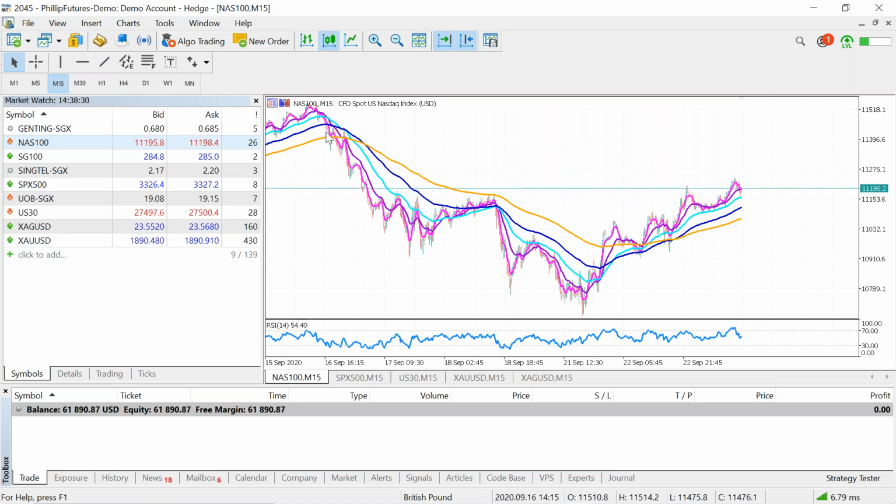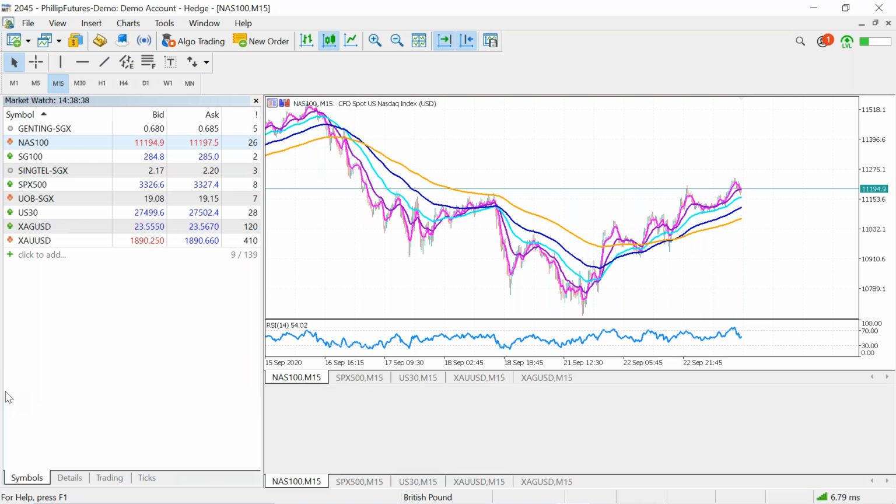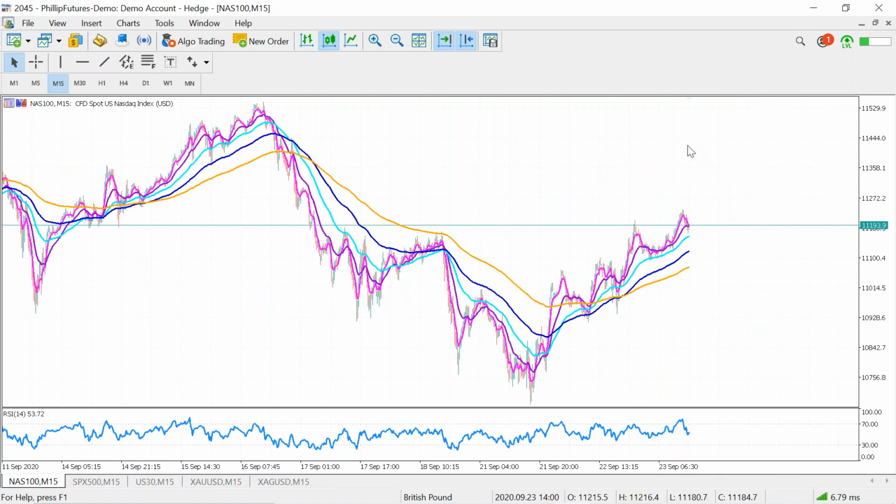This is the Nasdaq 100 chart, and it's on a 15 minutes time frame. So based on this chart today, we can see that for the past 2 days it's more on a downtrend.